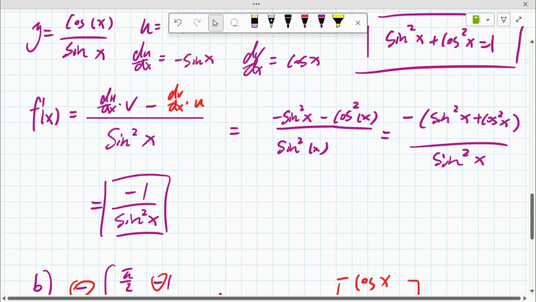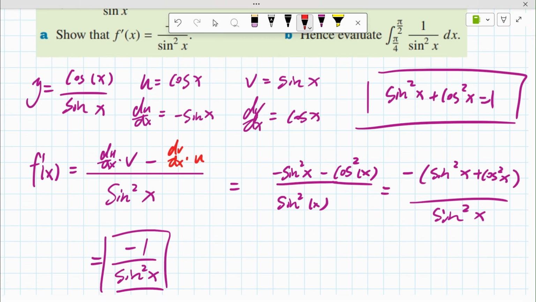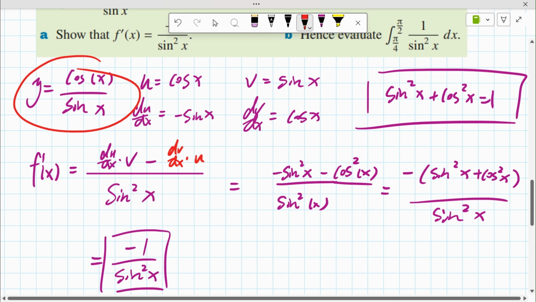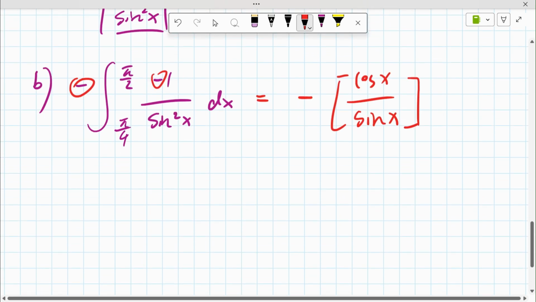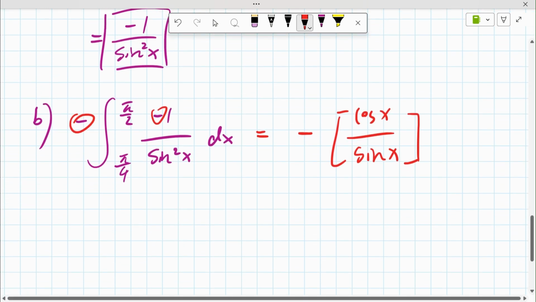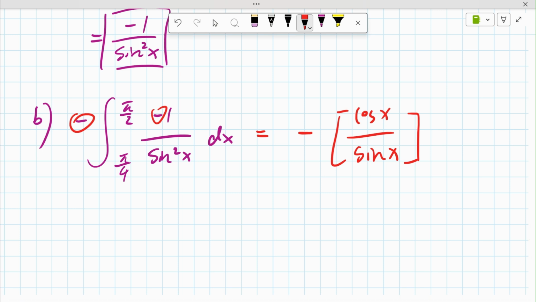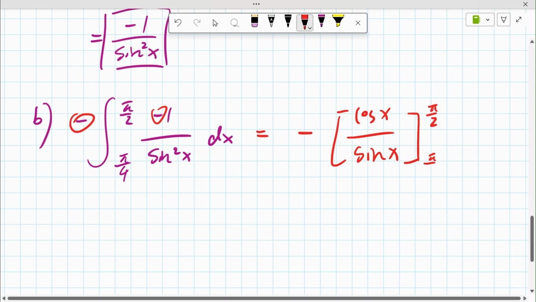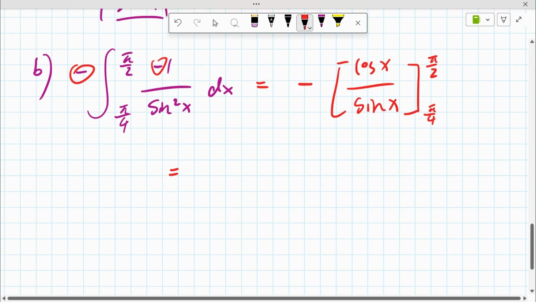So using integration by recognition, because we're using part A in the second half. As long as we know the derivative of negative 1 over sine squared x is cosine x over sine x, that's why we're using that. Now we just substitute in.